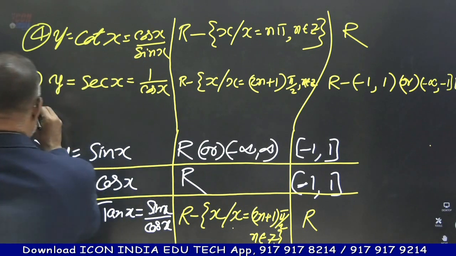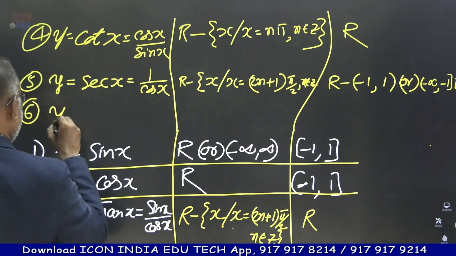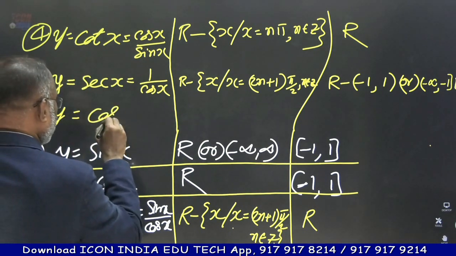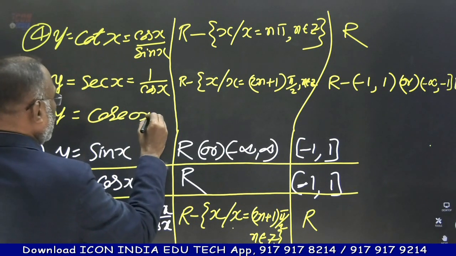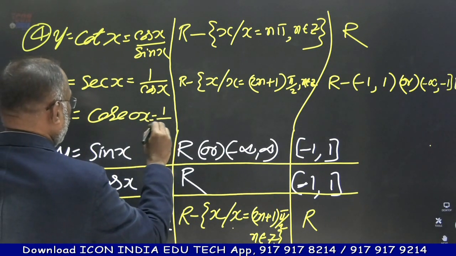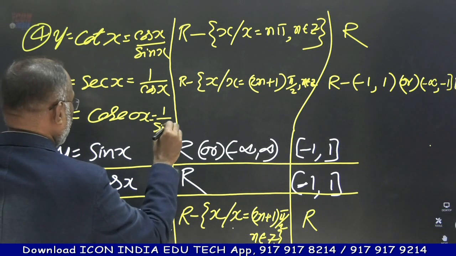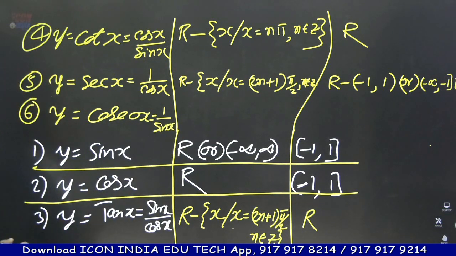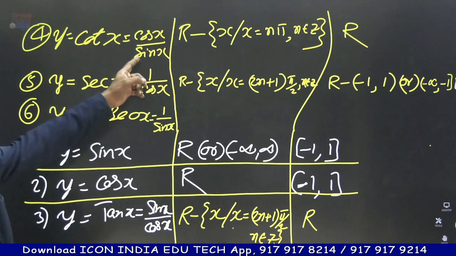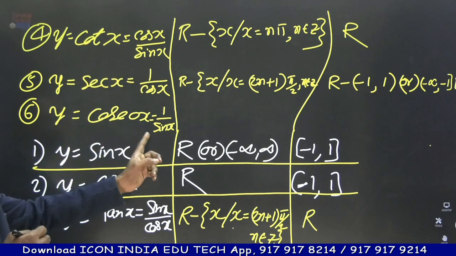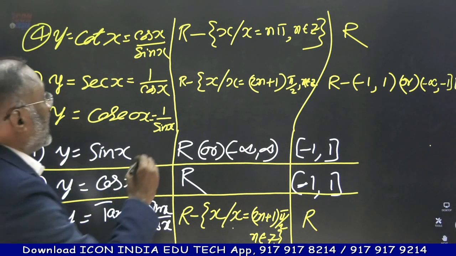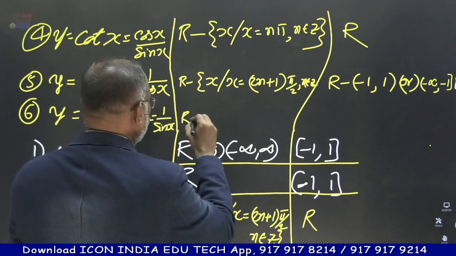Now, the sixth function, as you know, is y = cosecant x. Whose reciprocal is cosecant x? Sin x's reciprocal is cosecant x. You can see sin x is in the denominator of cot x and sin x is in the denominator of cosecant x, and hence the domains of these two are the same.